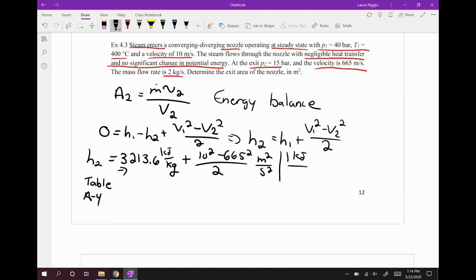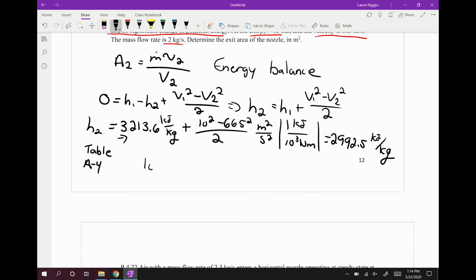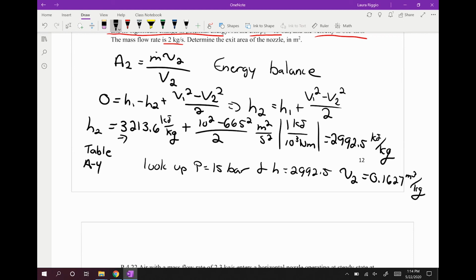Correcting my units, I get that H2 is 2,992.5 kilojoules per kilogram. So now I'm going to look up P equal to 15 bar and H equal to 2,992.5. I get that V2 is equal to 0.1627 meters cubed per kilogram.